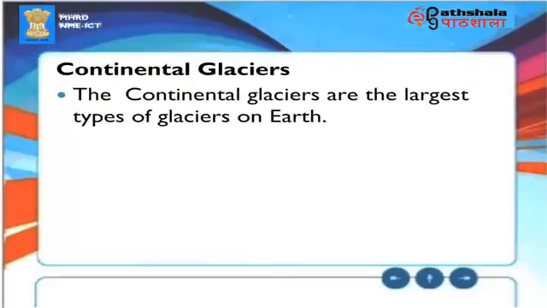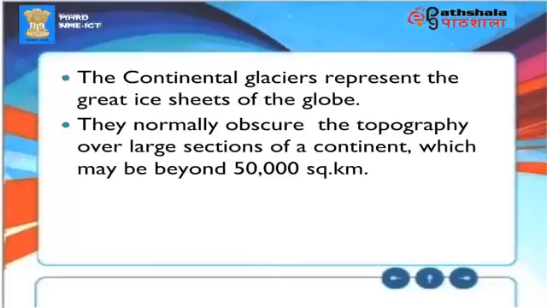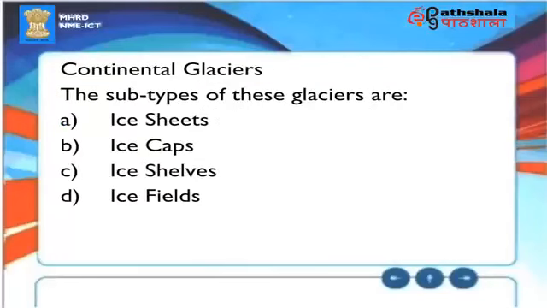Continental glaciers. The continental glaciers are the largest types of glaciers on Earth. The continental glaciers represent the great ice sheets of the globe. They normally obscure the topography over large sections of a continent which may be beyond 50,000 square kilometers.